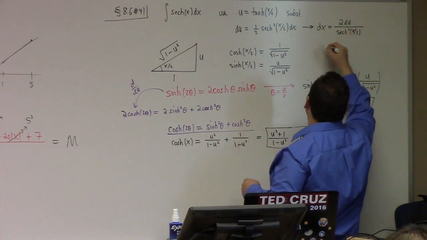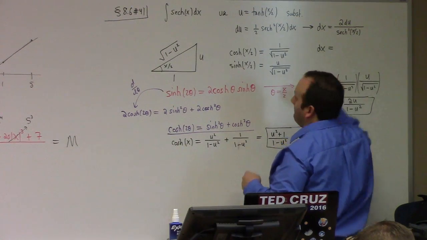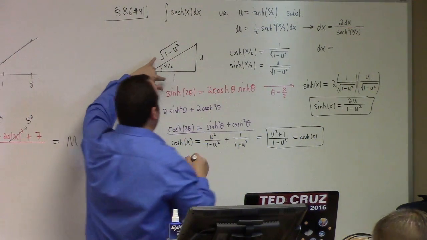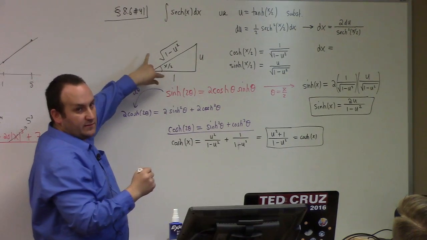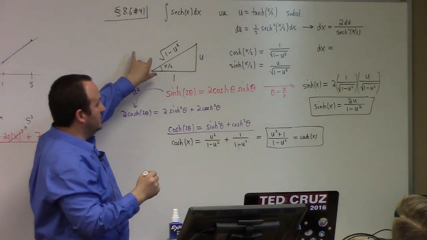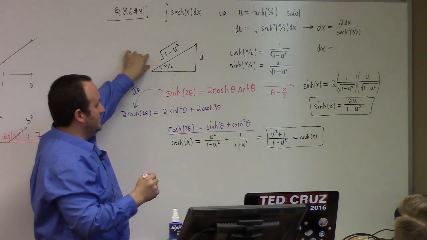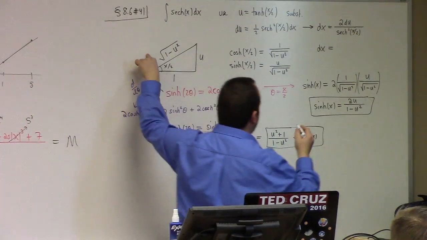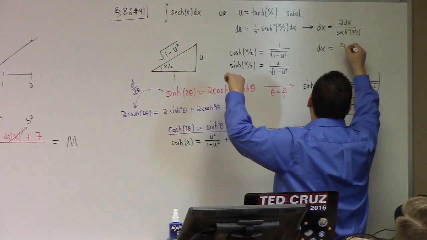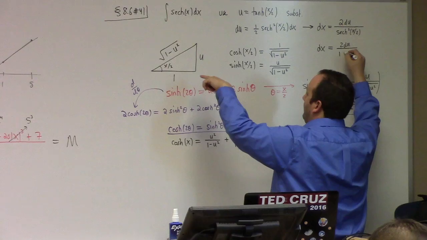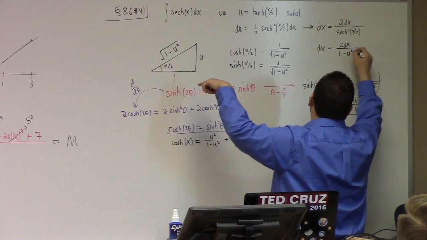Right, but what's that? Hyperbolic secant is 1 over cosh squared, right? Right, so it's just 2 du. But that's squared, so it's this.